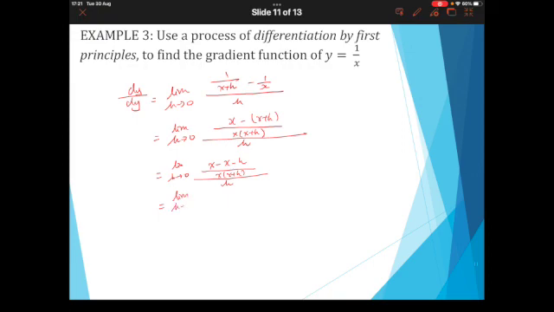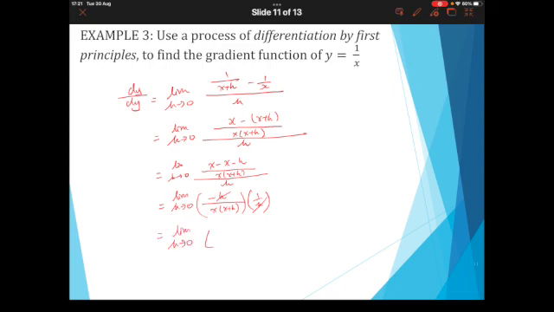Agree? So therefore I've got limit of h approaching 0, minus h over x(x plus h) times 1 over h, which means we can eliminate the h here.